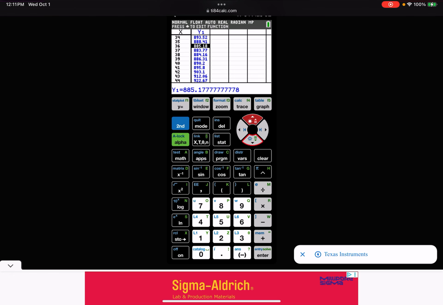If I scroll down, it's getting smaller, and then it starts getting bigger. So let me go back up. Okay, it's not letting me. There we go. Okay, so you can see that we don't want to be looking at negative values because we're talking about cost and the number of drones they manufactured.